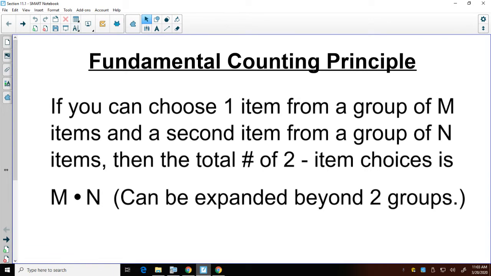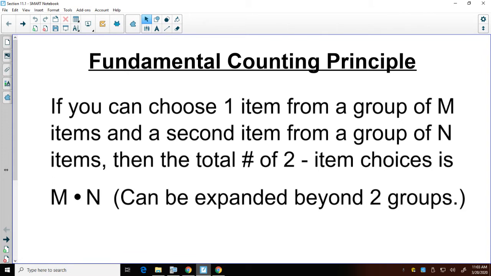Take all the base possibilities, your main meal, however many they are, multiply that by however many opportunities there are for your first side, and then multiply that by however many opportunities you have for your second side, and that's how many choices you can make. Okay?